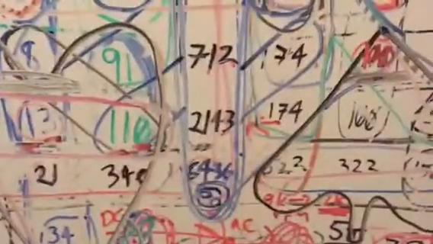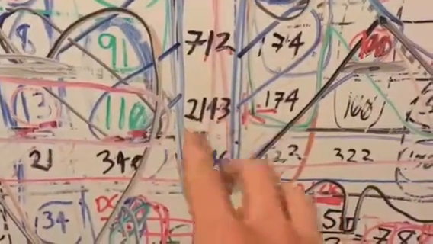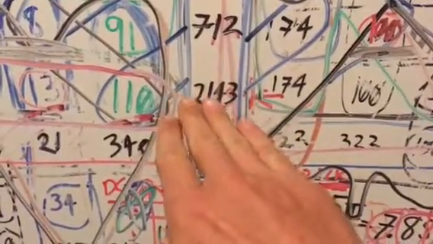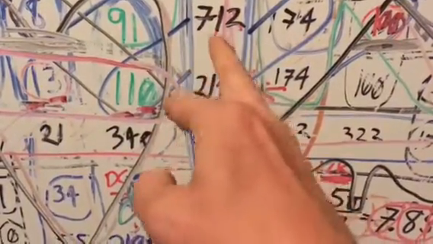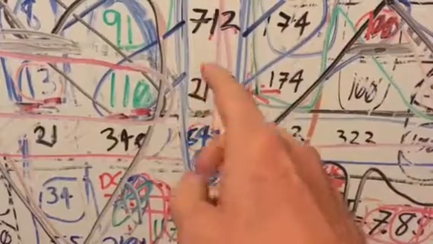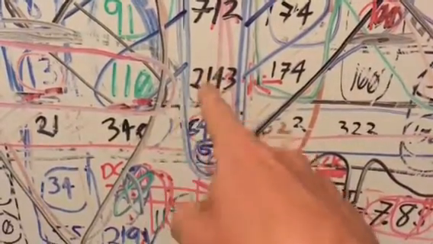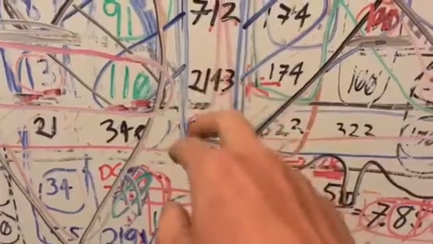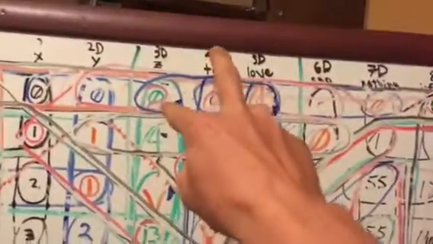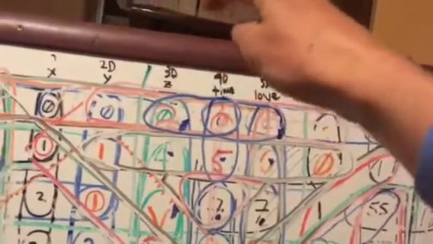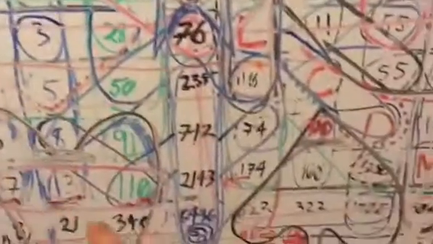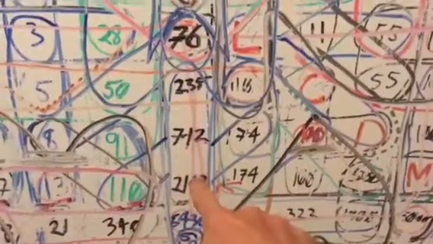Alright, so I was looking at this again, and I was staring at 2143, okay? Because to me, these four look like some kind of tetrahedron, where your 23.4 is all mixed up in there. So what I said to myself was, what if the capstone has a wire that goes back into the feedback loop here, okay?